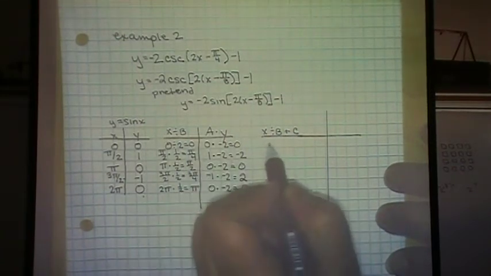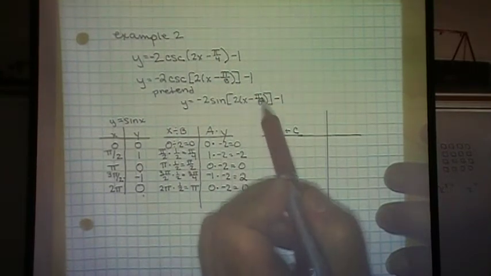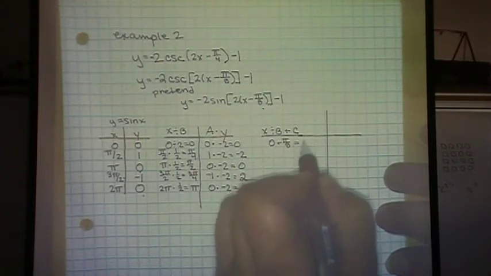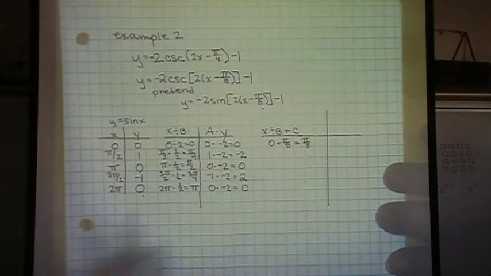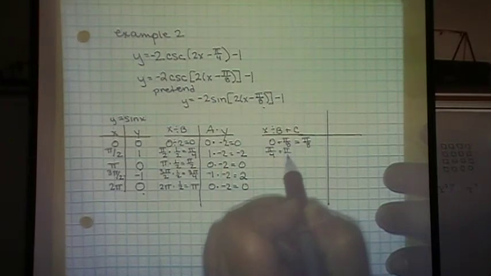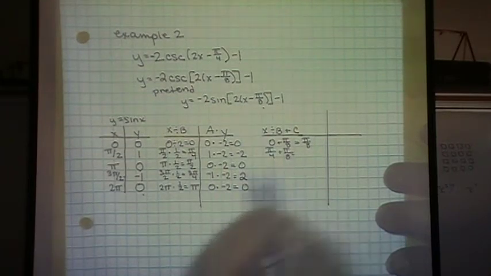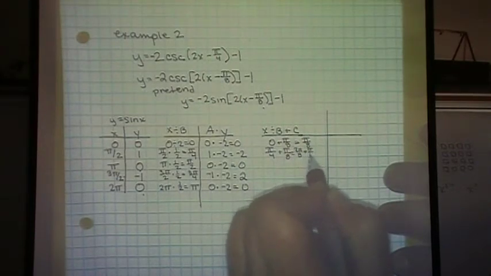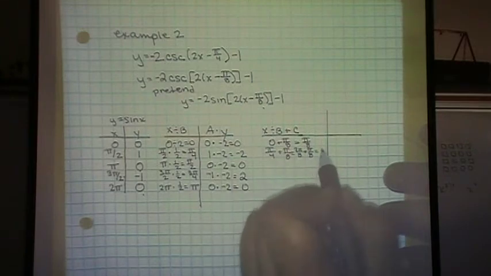So that's 0, and my c is pi over 8, plus pi over 8. That gives me pi over 8. Pi over 4 plus pi over 8. Common denominator is going to be 8. And that's going to equal 3 pi over 8.